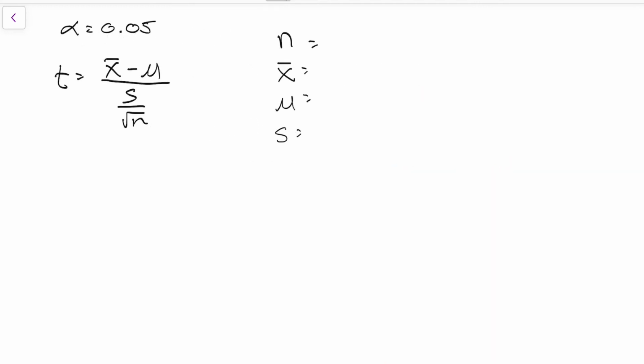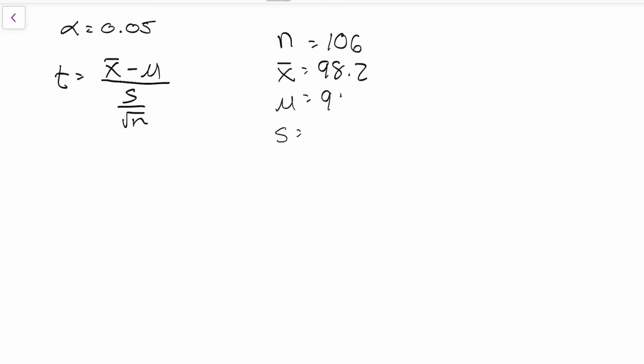So let's compute our test statistic having a significance level of 0.05. Again, we're computing the test statistic t, in this case being x bar minus mu, all divided by s over the square root of n. If we recall from our example, we have 106 people in our sample. The sample mean is 98.2.